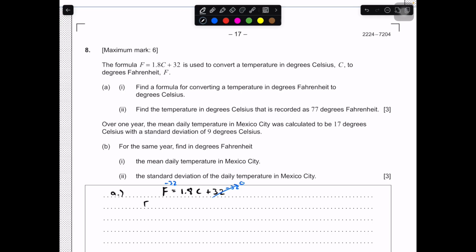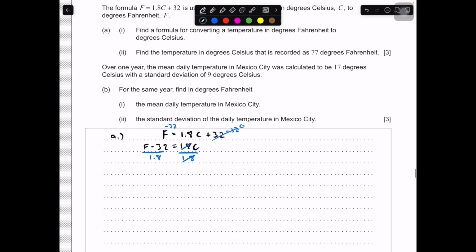We have F minus 32 is equal to 1.8C. We want just C all by itself. We don't want 1.8C, so let's divide both sides by 1.8. Anything divided by itself is just going to be 1. 1.8 divided by 1.8 is just 1. So now we have C is equal to F minus 32 over 1.8.